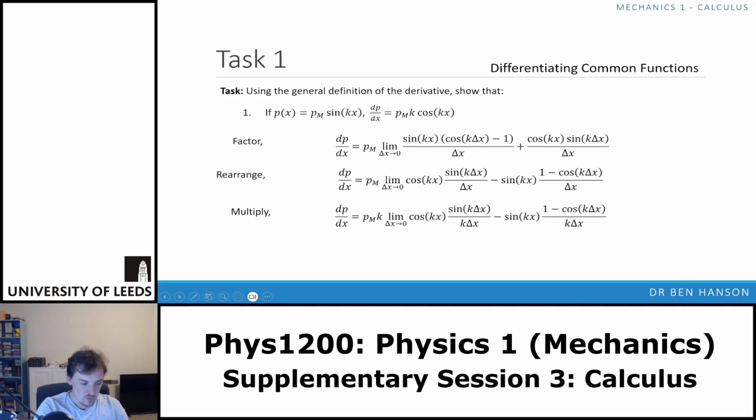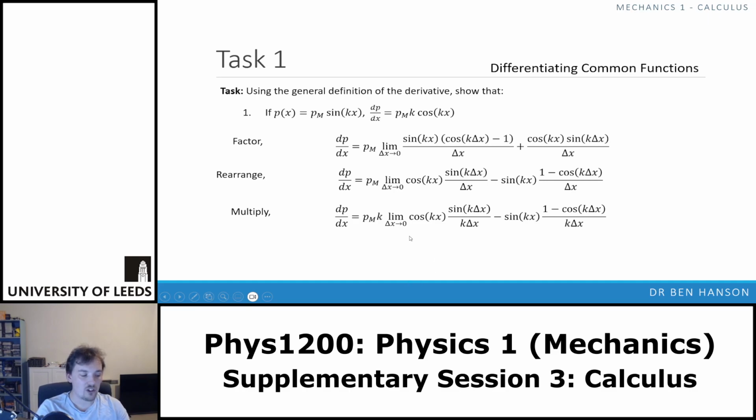If you were to put this into your calculator, sine of something over something, and make that something smaller and smaller, you would find that this fraction actually tends towards 1. It's called the sinc function, sine c. Sine of something divided by that thing has a peak right in the middle where it equals exactly 1.